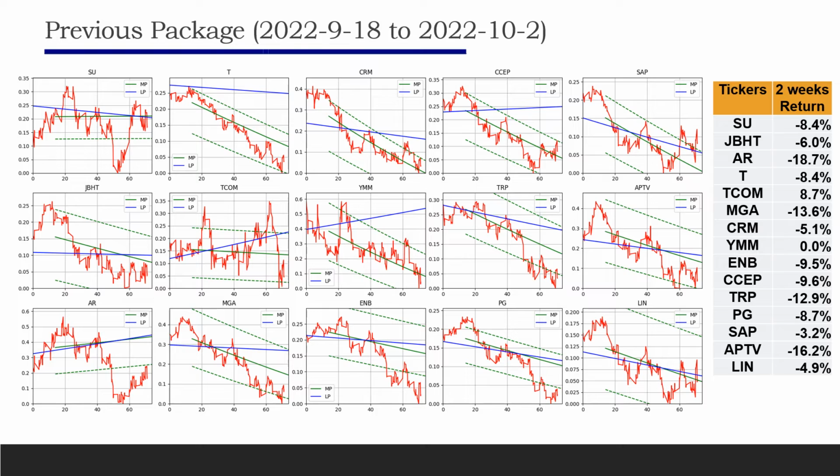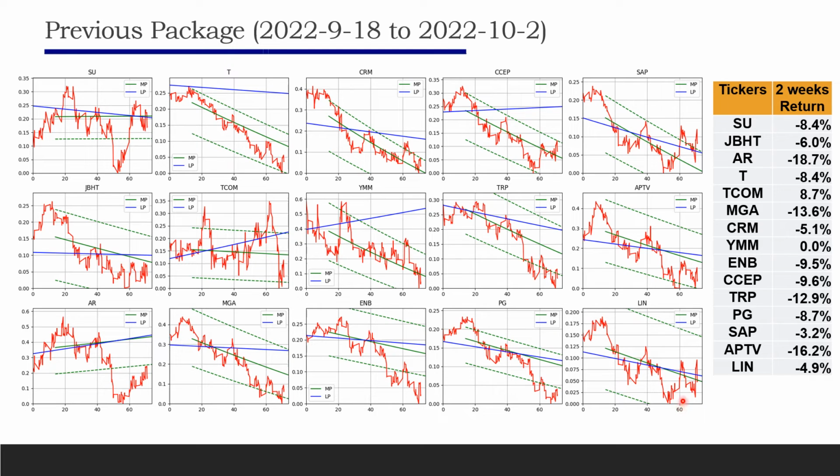Okay, now here you can see the return of this package from the 18th of September until 2nd of October, the last 2 weeks. And here you can see the return of each individual and the price history during the last 74 trading days.